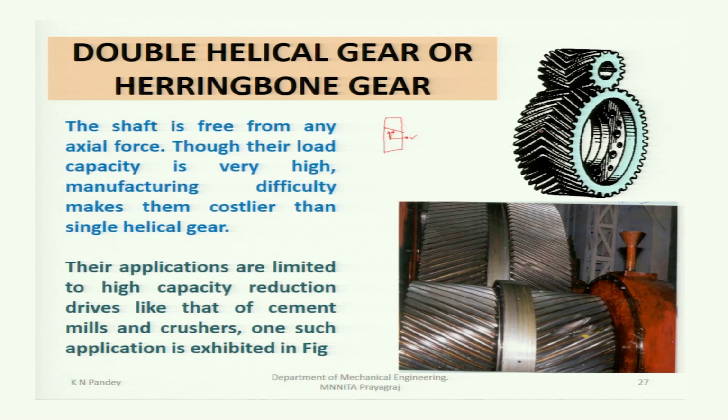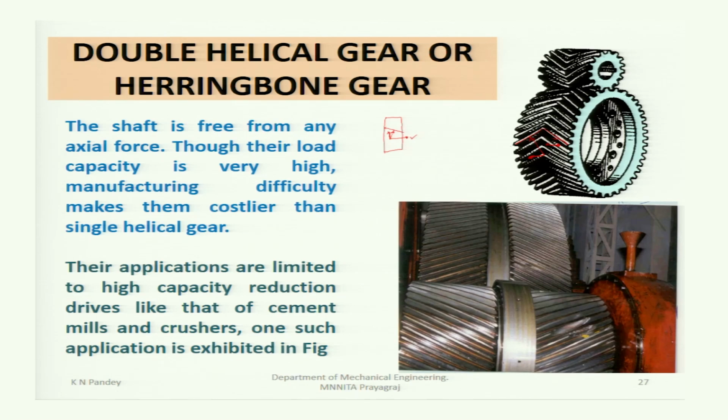In this double helical gear, along the width of the gear, two helical profiles are there. Therefore, one of the forces will act in this direction, another will act in this direction. Their axial components will be opposite to each other and thus they will nullify, and there will be only the radial component. Well, the shaft is free from any axial force, though their load capacity is very high.